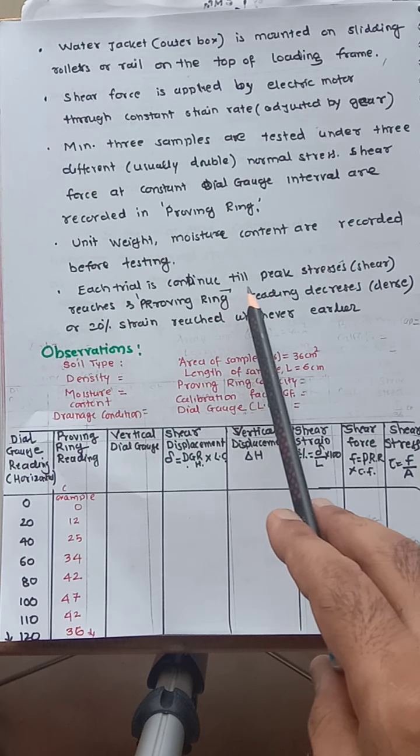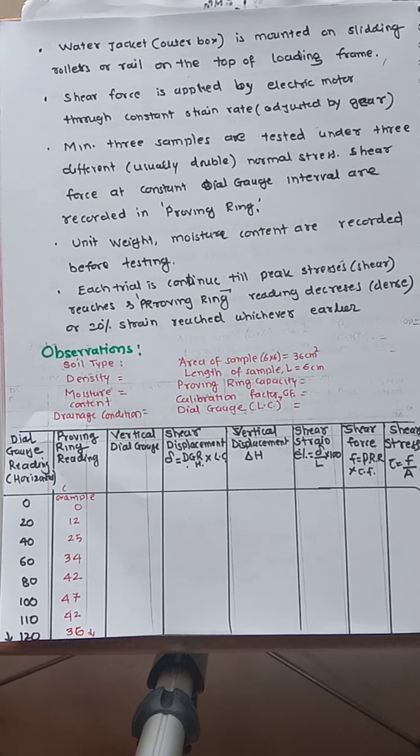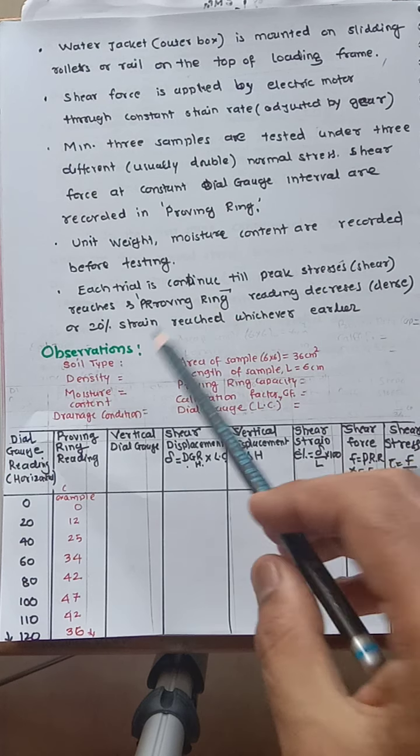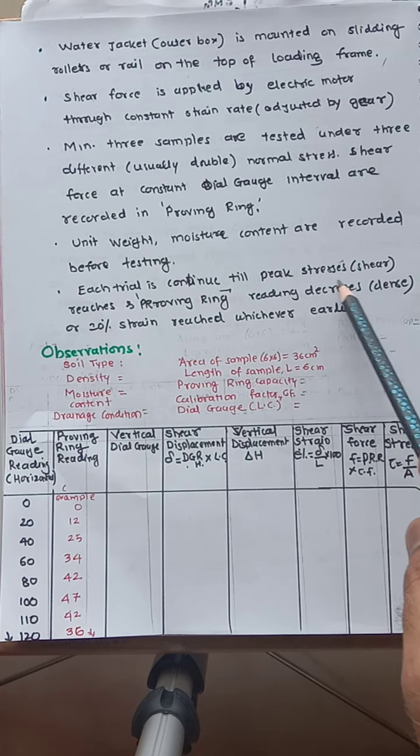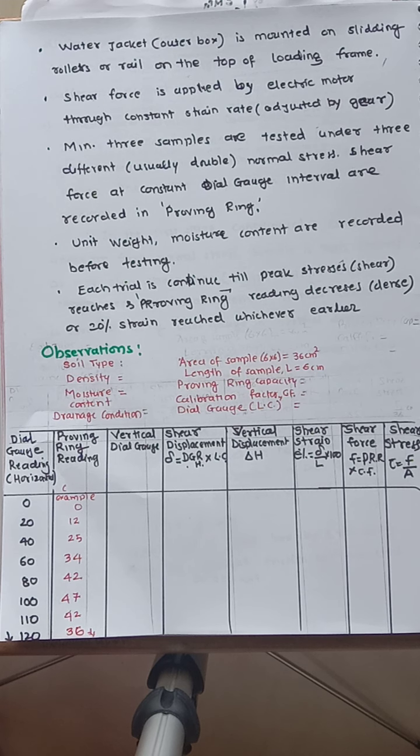So for each trial, how long do we continue the shearing? It is continued until the proving ring shows an increase in the readings and then a decrease in the readings. Then you can stop.